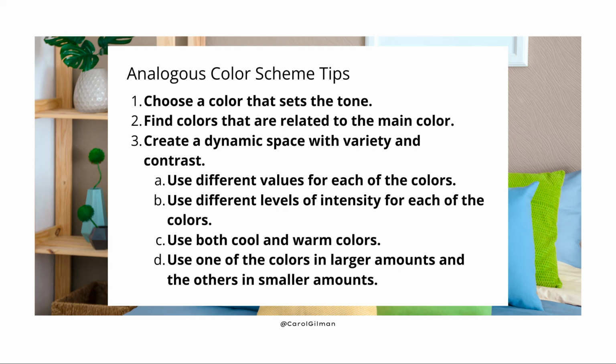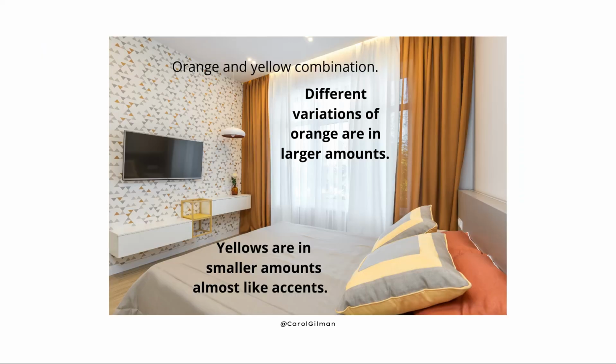And with an analogous color scheme, we also want to think about proportions. So mixing things up a little bit so that maybe there is one of the colors that you see more of, maybe on those bigger areas in a room or focal areas in a room, and the other color or other colors are in smaller areas of the room.